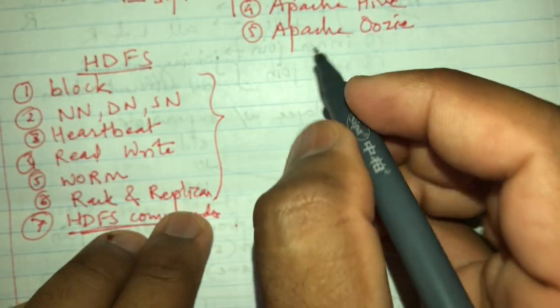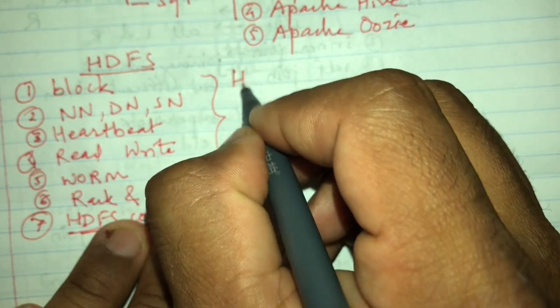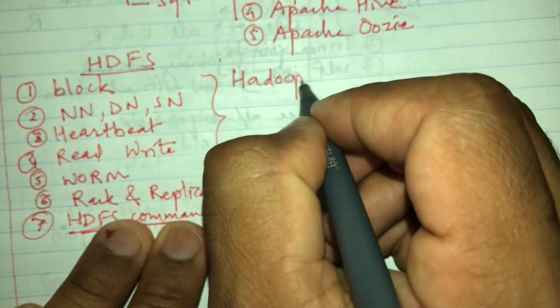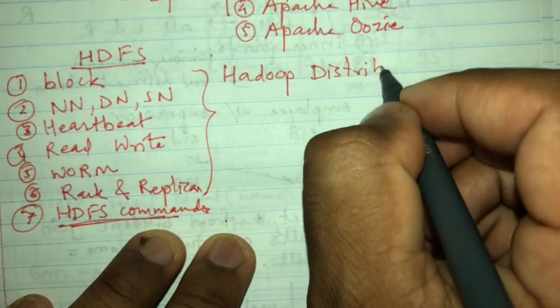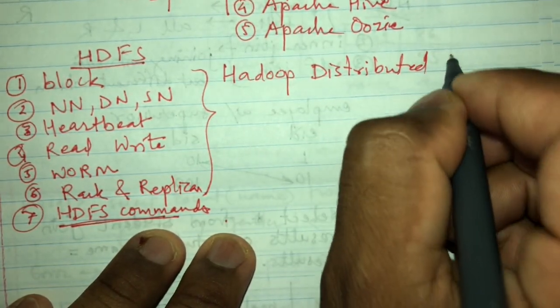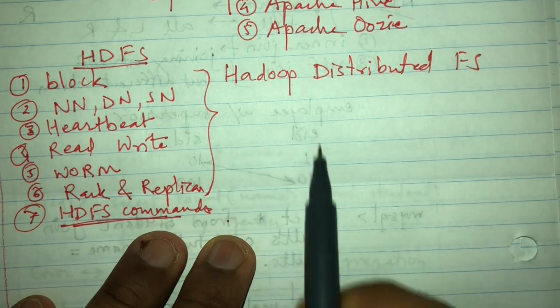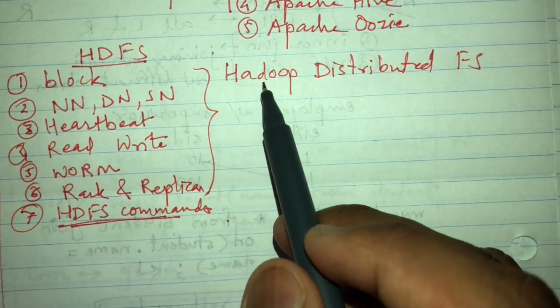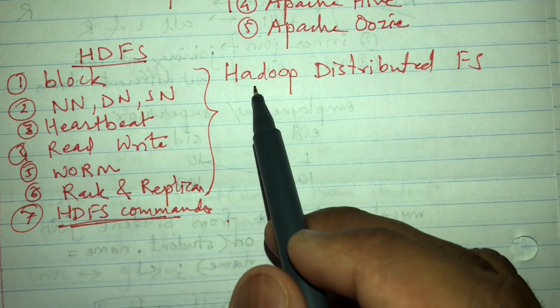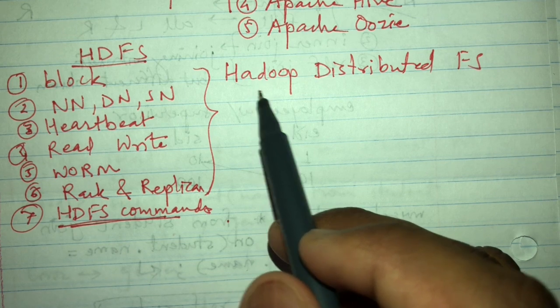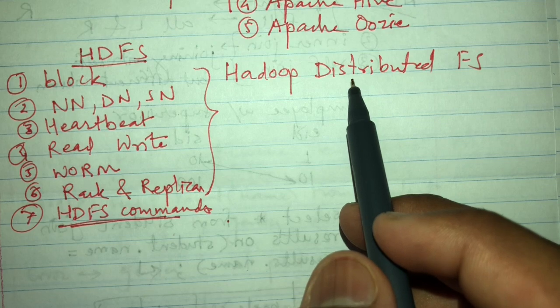So first of all, HDFS, what it stands for. Hopefully you know by now it stands for Hadoop Distributed File System. So I'll just write FS. The reason it is called HDFS is because HDFS is based on a framework, and that framework is called Hadoop, and it is distributed in nature.